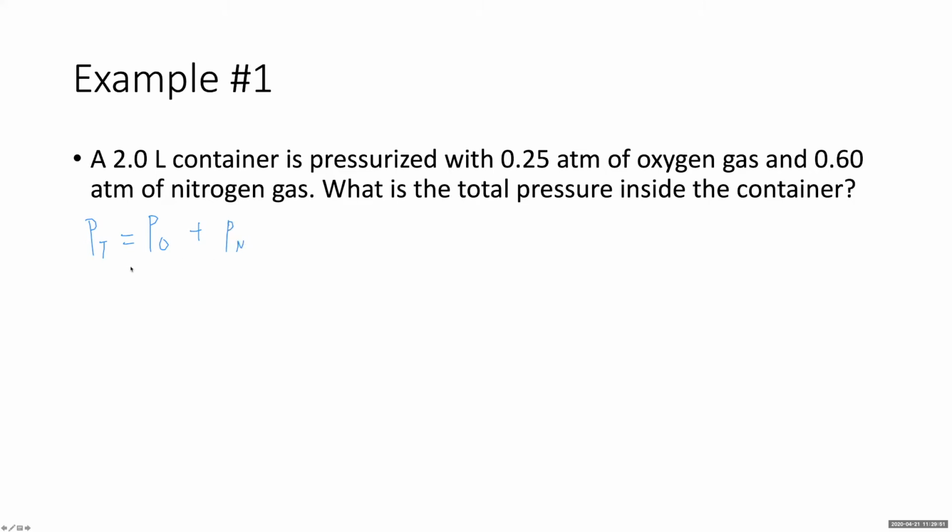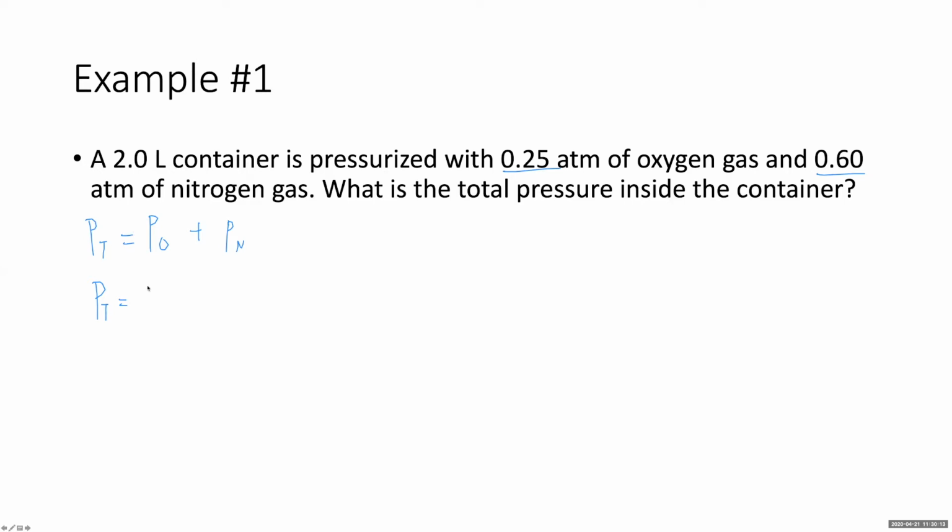The question is asking for the total pressure. What are we simply going to do? We're going to add up each of the pressures. So our total is going to be the sum of oxygen, which has a pressure of 0.25 atmospheres, while nitrogen has a pressure of 0.6 atmospheres.